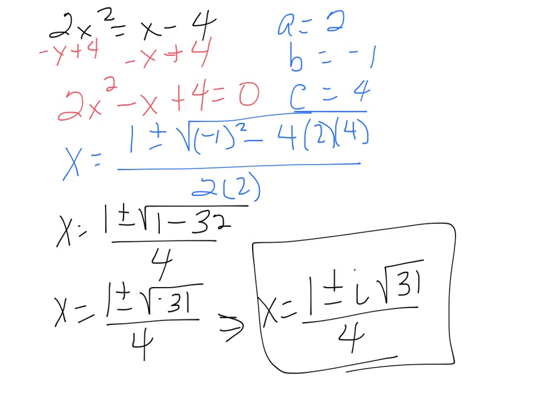But how many answers do we actually have here? We really have 1/4 plus the square root of 31 over 4 i and 1/4 minus the square root of 31 over 4 i. So if we were to put it in standard form with our complex numbers, you would get that. Otherwise, you can just leave it like that.